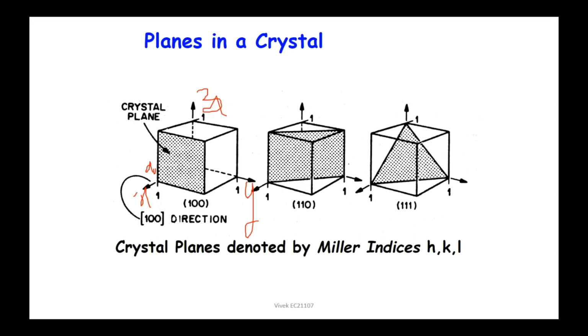Now it is very interesting to note that a plane described by certain indices h, k, l, you can also write it as [h k l]. So this plane (hkl) is perpendicular to the direction [hkl].